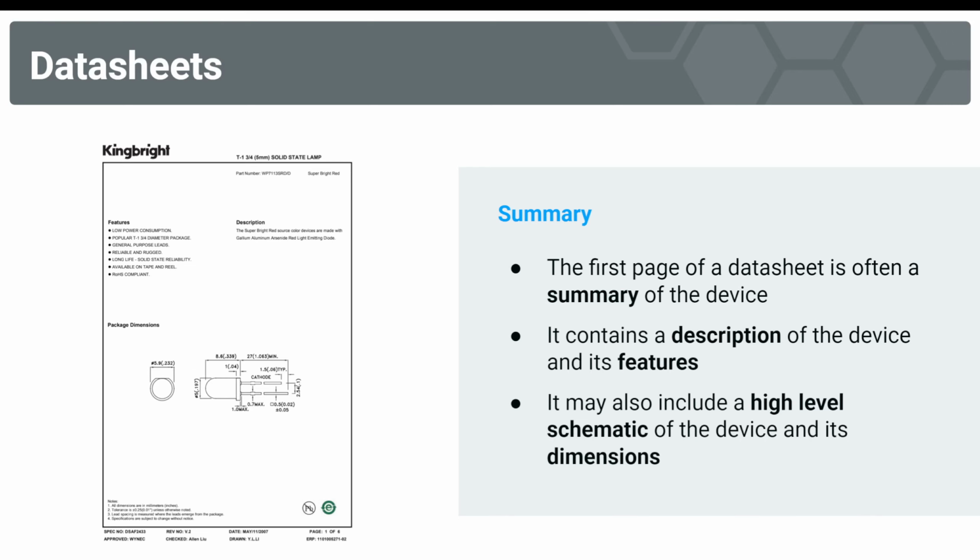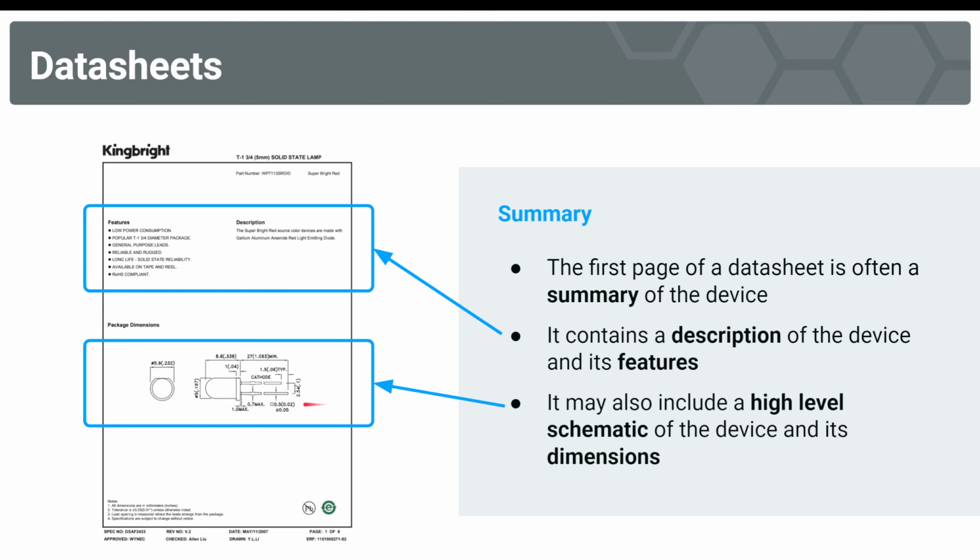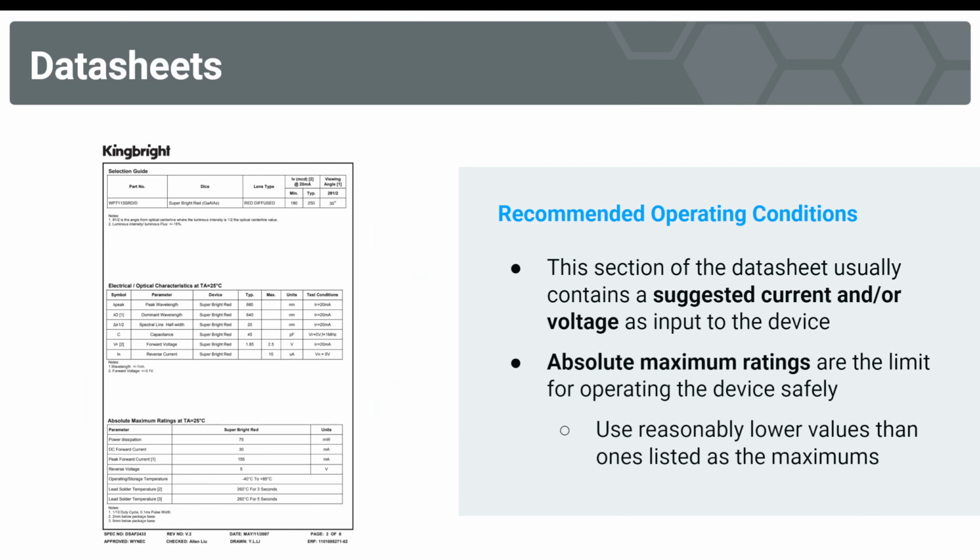So in summary of the summary, it will include a description of the device and its features. It may also include a high-level schematic of the device with its dimensions, the diameter of the LED, the length of its leads, etc.